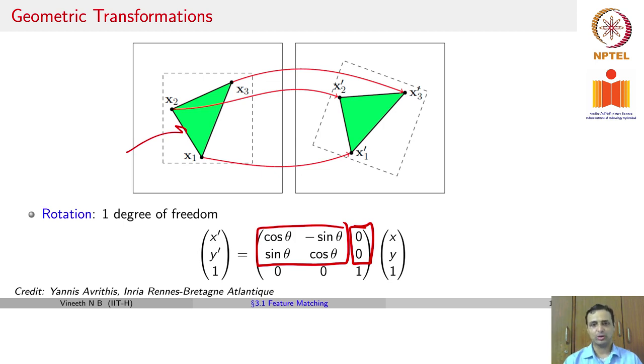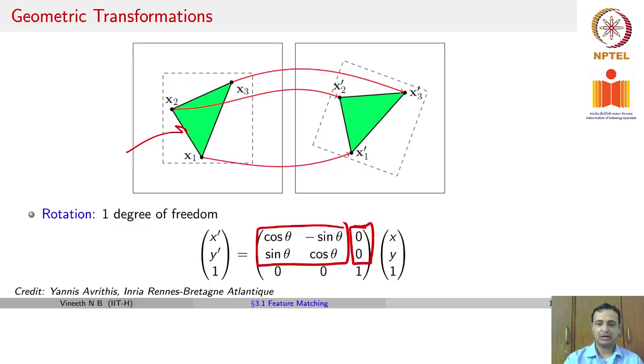I'll let you look at this more carefully. It's a simple expansion again. You would have x cos theta minus y sin theta is equal to x prime, and x sin theta plus y cos theta is equal to y prime. Okay. That simply represents the new coordinates based on your rotation angle theta.